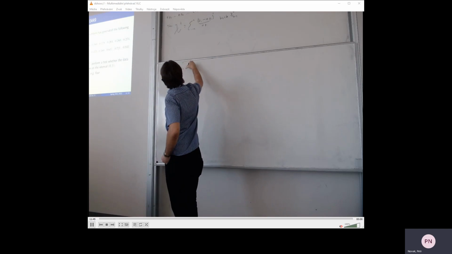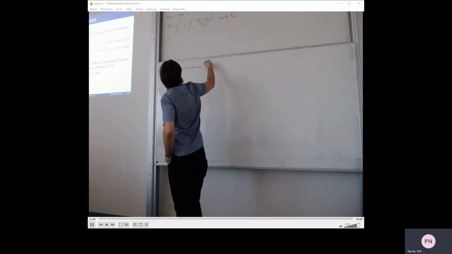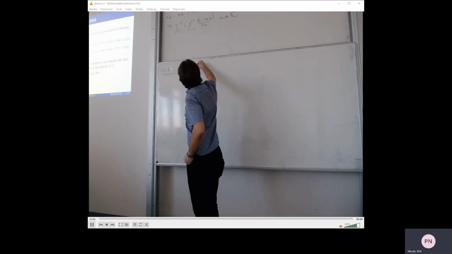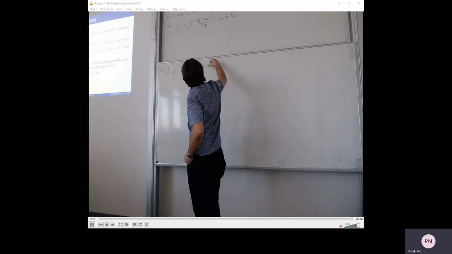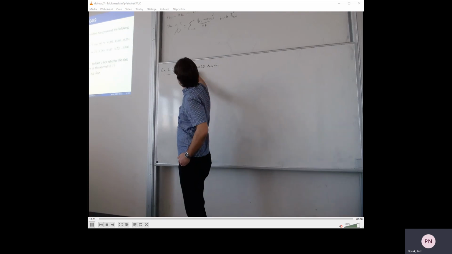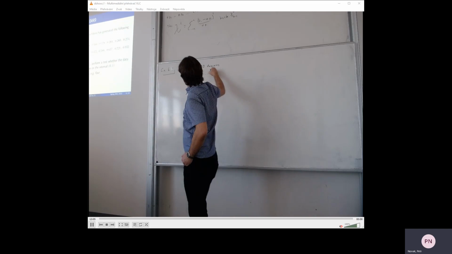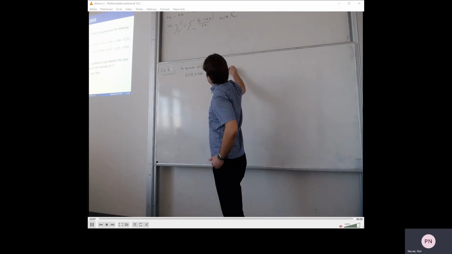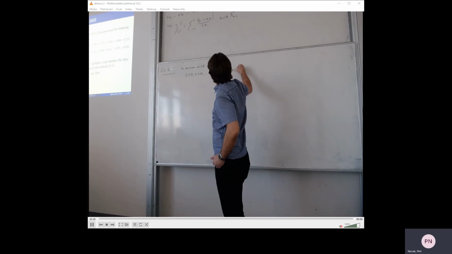We measured n being 20 pieces of data, 0.055, 0.068, and so on, up to 0.932.